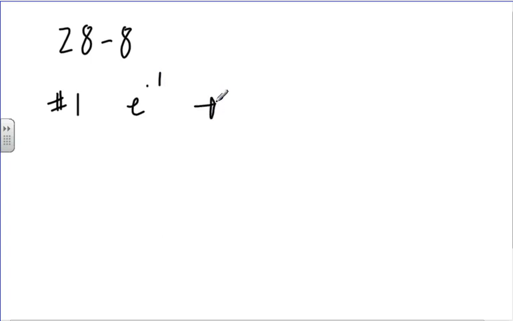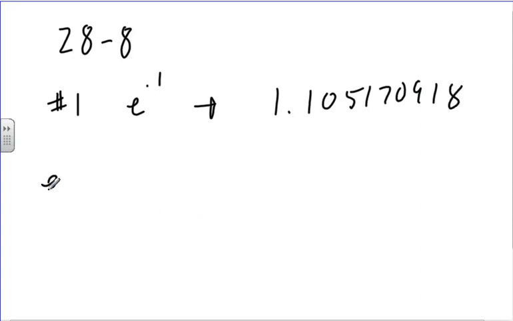Of course, we're going to take our calculator and go 0.1. Okay, there's e raised to the 0.1, and I better get an answer of 1.105170918. That's what I'm looking for.